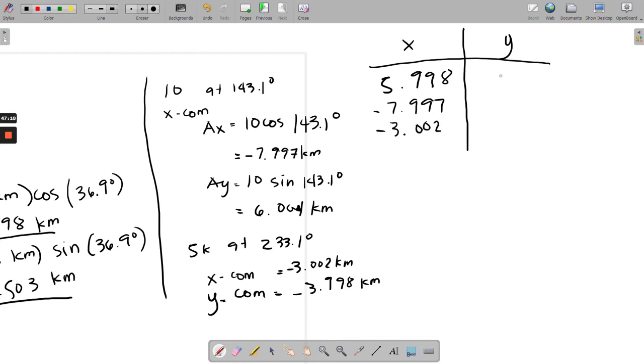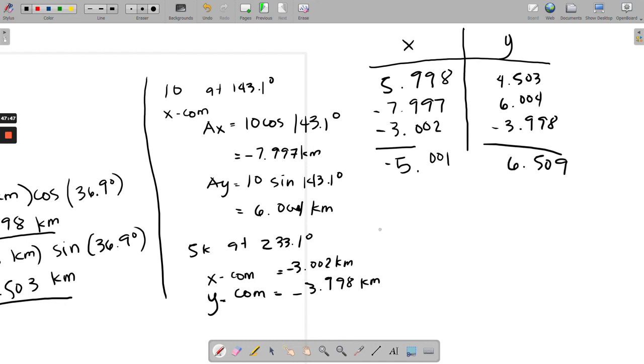For your y components, you have 4.503, 6.004, and negative 3.998. After adding all that, your x component is negative 5.001, and for your y component you have 6.509.